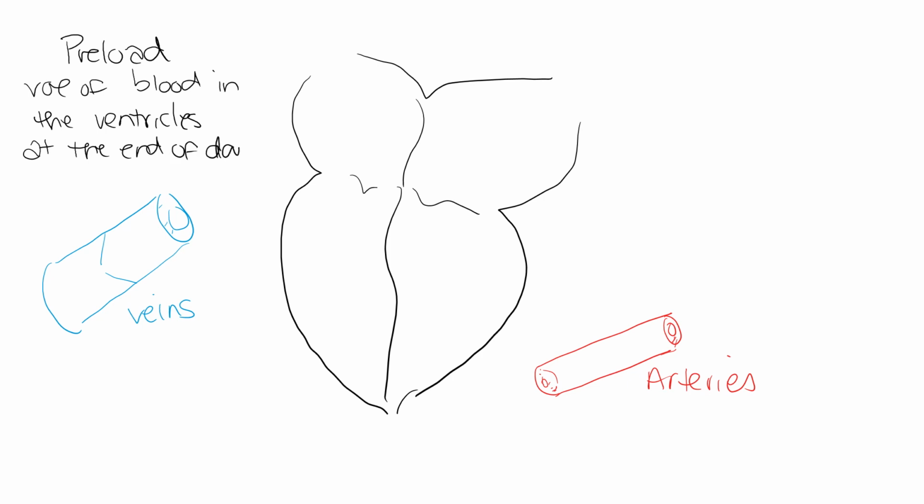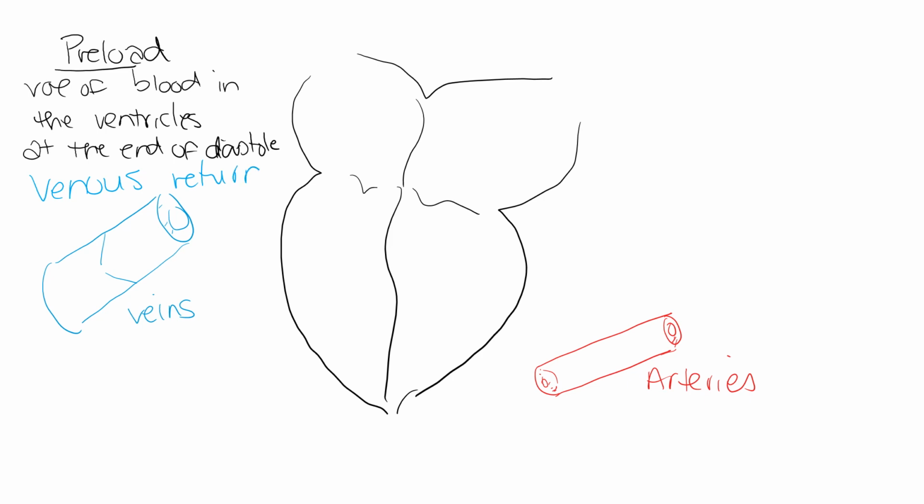When the heart relaxes, the amount of blood that is left in the ventricle is referred to as preload. As you can see, I wrote preload on the right side of the heart. This is, as I said, a textbook definition. If we're really looking at preload, preload is the volume of blood that the heart is receiving. In other words, preload can be used to say it is venous return.